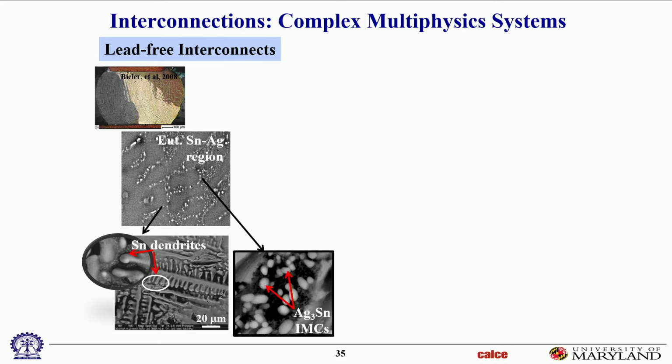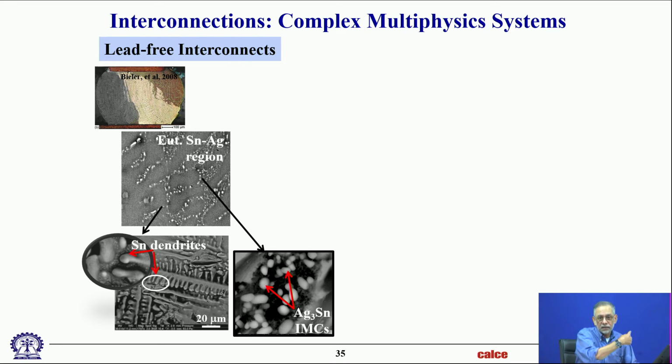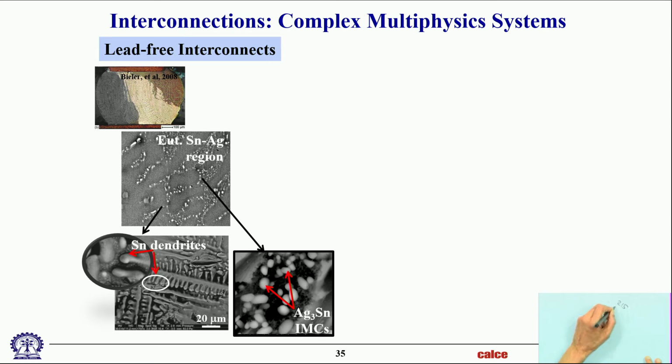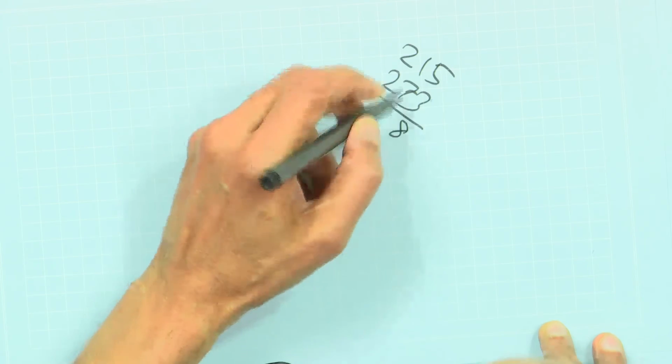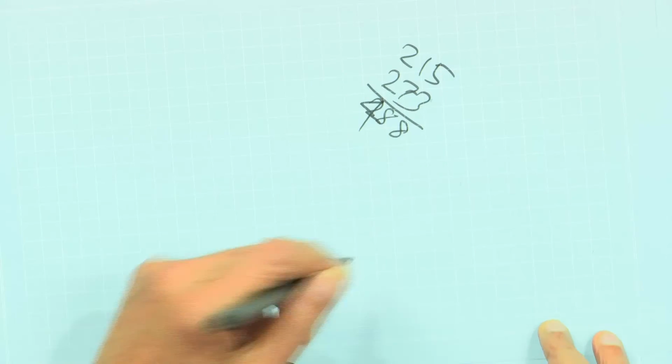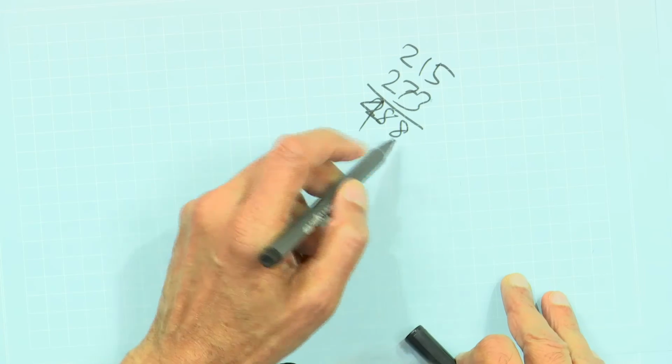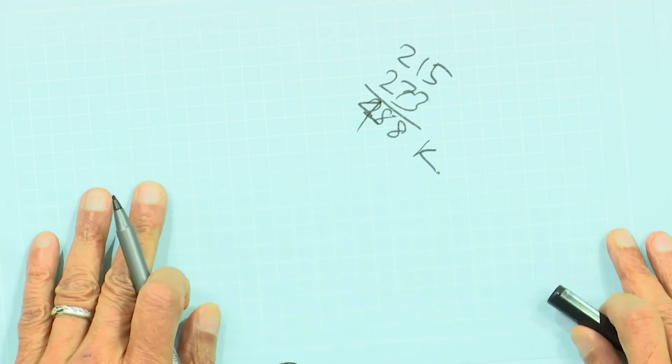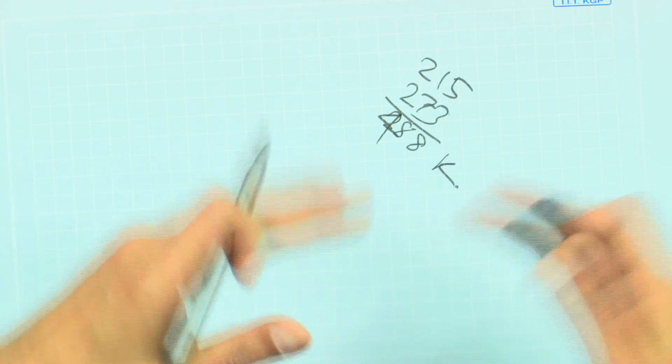So solder is, unfortunately, close to a melt temperature. The melt temperature of eutectic tin-lead solder is about 185 degrees C. For lead-free solders, which is what we use mostly nowadays, it's about 215 degrees C. Now think about that in Kelvin. How much is 215 in Kelvin? It's about 488 Kelvin. So melt temperature is 488 Kelvin.